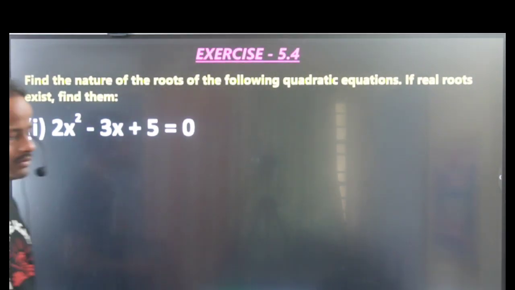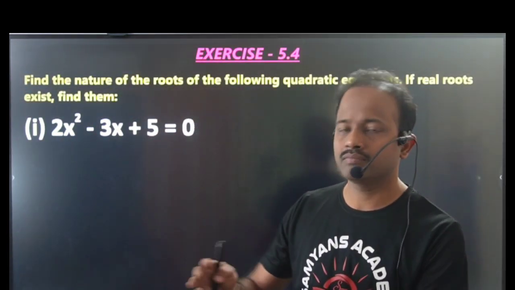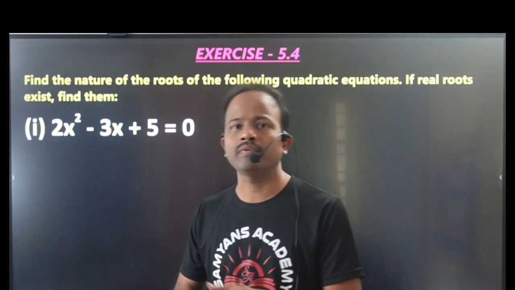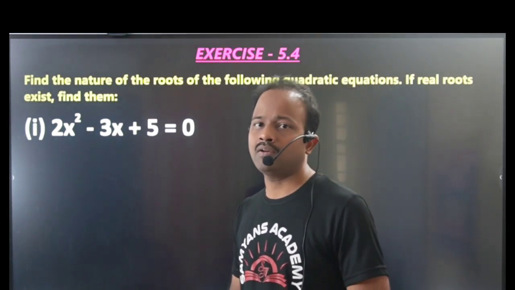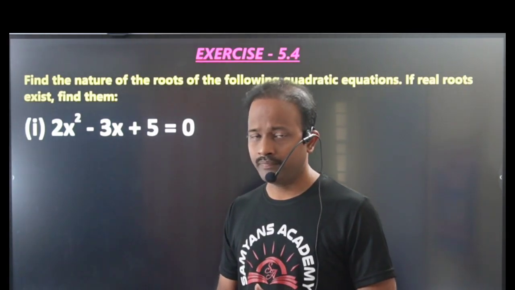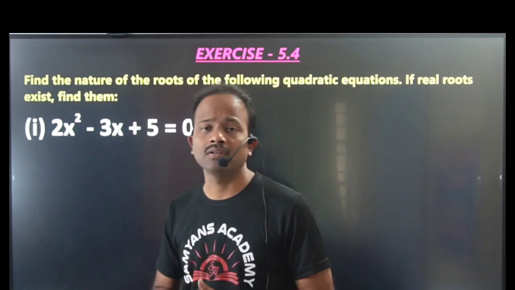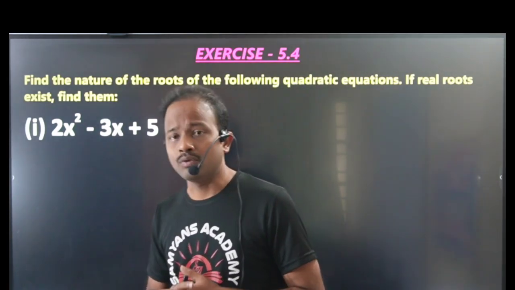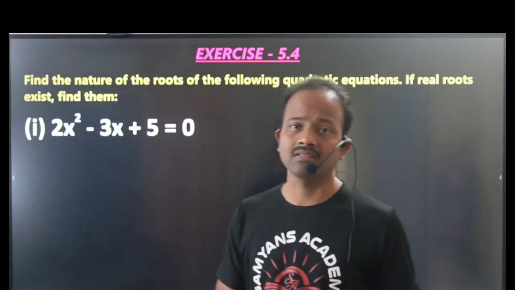By using the determinant formula, you have to find the nature of roots. If the determinant value is greater than or equal to 0, the roots exist. If it is less than 0, roots are not real.